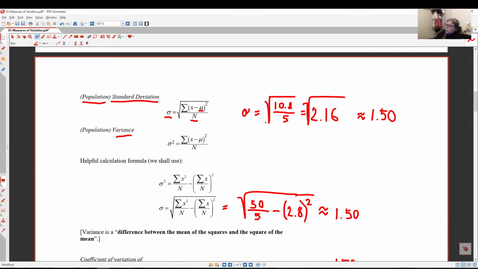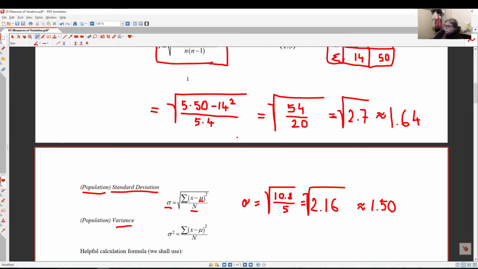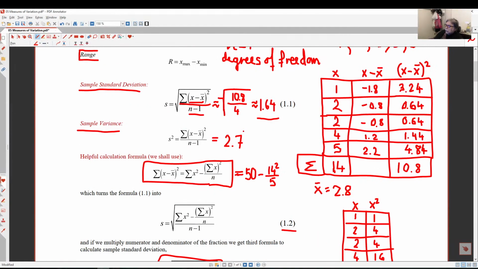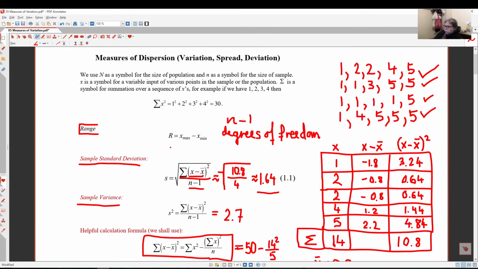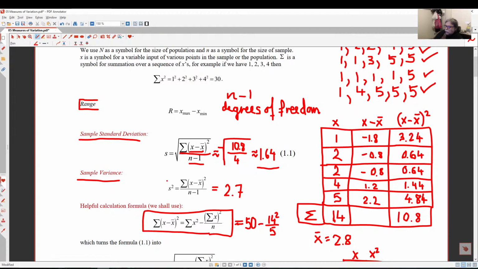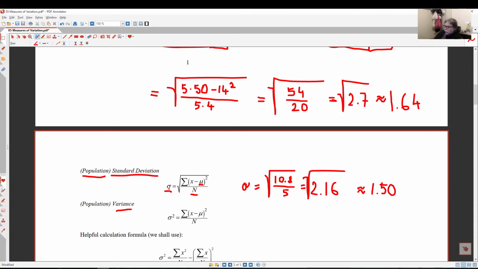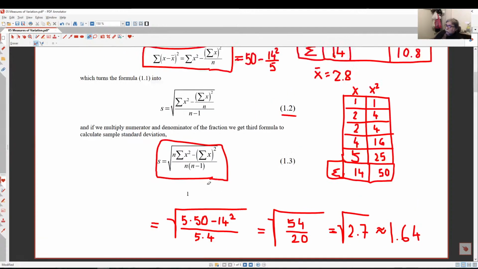The only difference in terms of a formula is labeling: S for the sample standard deviation, Greek S, sigma, for population standard deviation. So Greek symbol for population. The mu, M, mean, is the symbol we use for population.